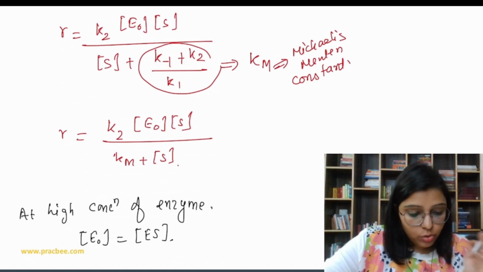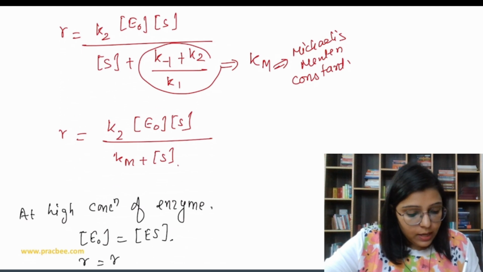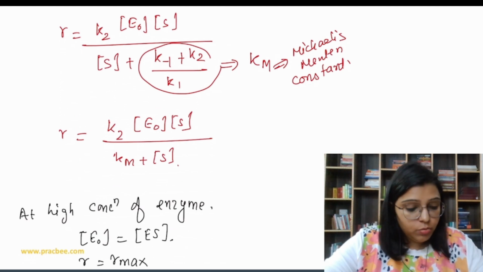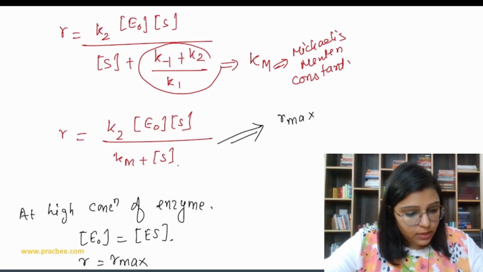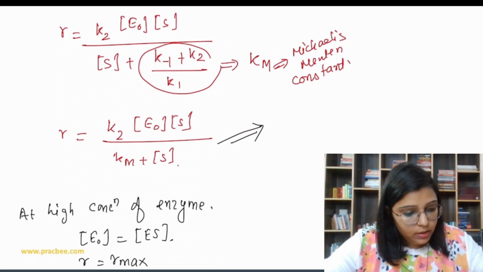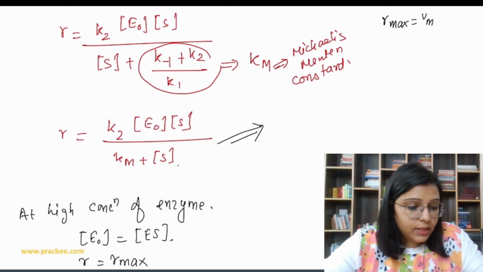So if I do so, rate is going to be R max. So I can write R max, and let me write. We can write R max is equal to V max.